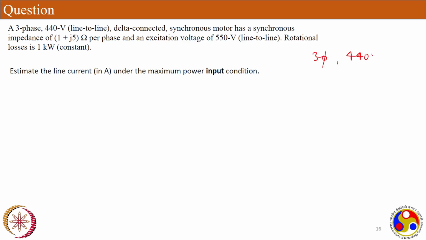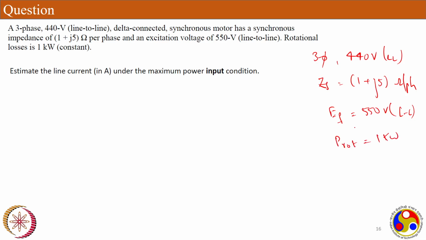Three phase 440 volt line to line voltage, ZS is 1 plus j5 ohm per phase, and we have an excitation voltage EF of 550 volts line to line, and the rotational losses are 1 kilowatt constant. Apart from copper losses, we have this constant rotational loss, so it is constant all throughout the operation from no load to full load. It was given as 1 kilowatt.